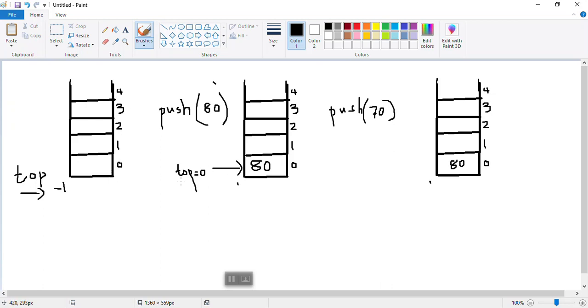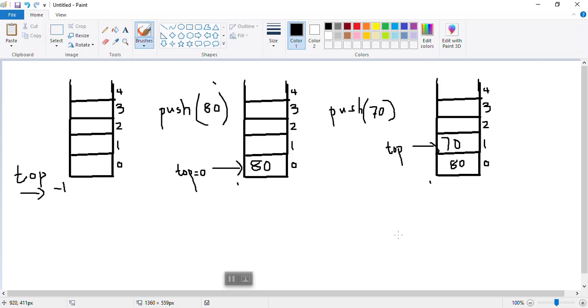It will be incremented by 1, and top will move to 1. So the top index will move to 1, and at this 1 position you have to insert this 70.